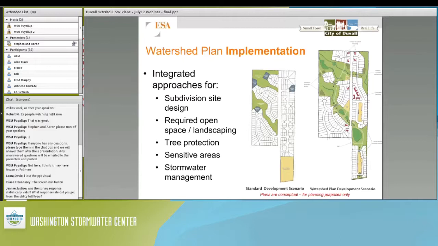So this was a tool that was put together for the adoption effort to focus in on the North UGA and assess the implications of the watershed plan as it was integrated into development standards, or as it was envisioned to be integrated into development standards.